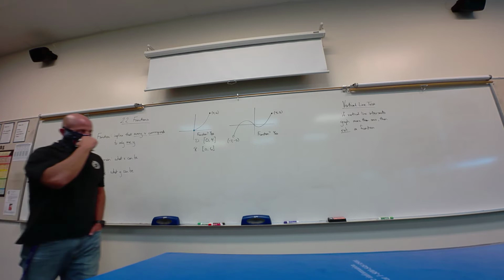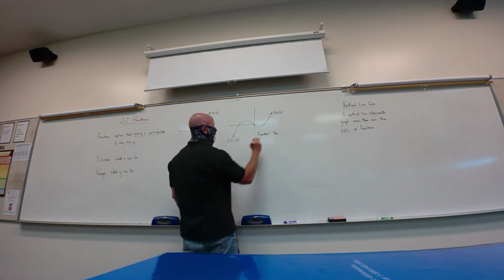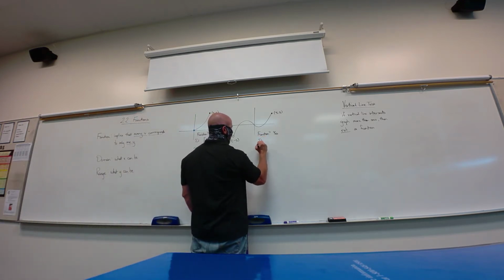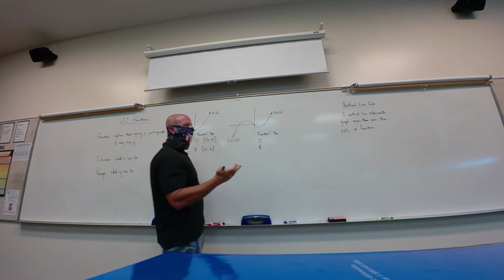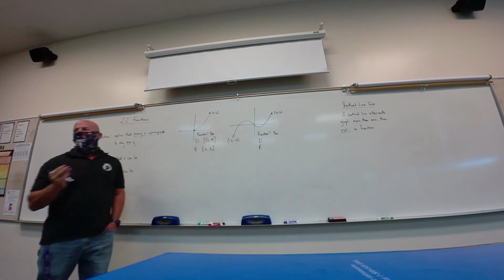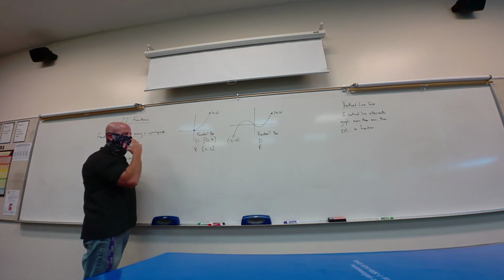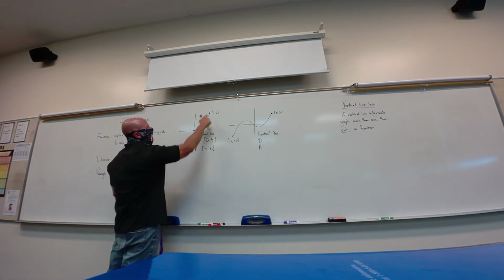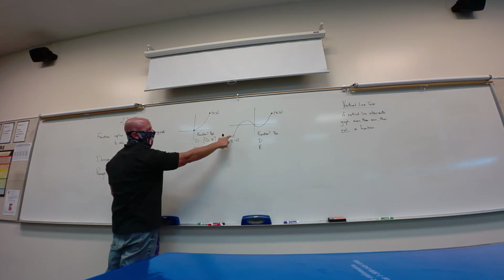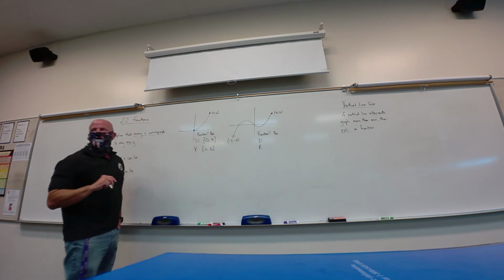Domain and range. Now, domain being x, range being y. That should sound very familiar to you. Some of you might not be as familiar with the interval notation. We're writing it like this. So in the previous problem, I gave you the colored in dots. Now I've got one that's open and one that's solid.